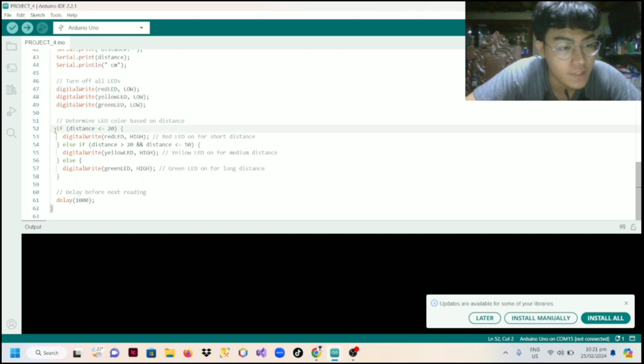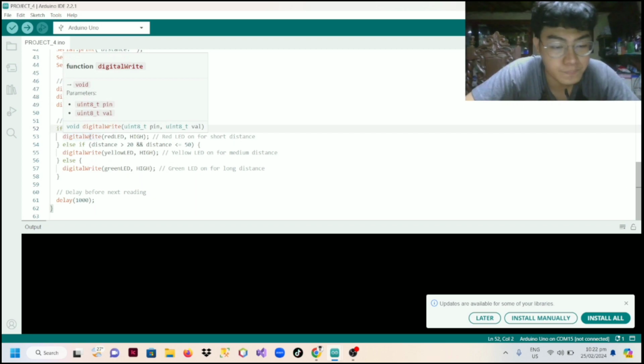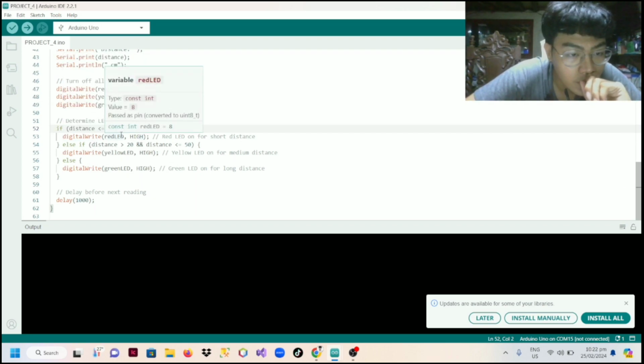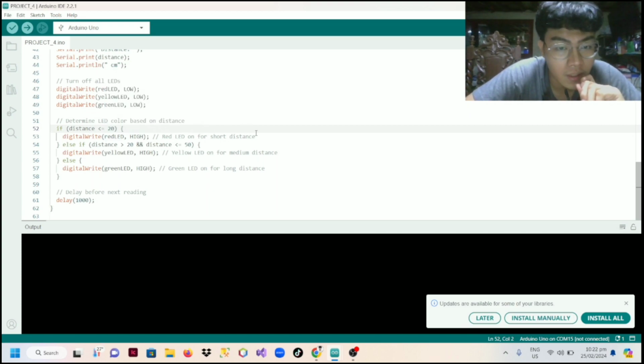And here we have these if else statements for our LEDs, from which the red LED would be the closest distance from the sensor. So we will only have the value of less than or equal to 20 centimeters.